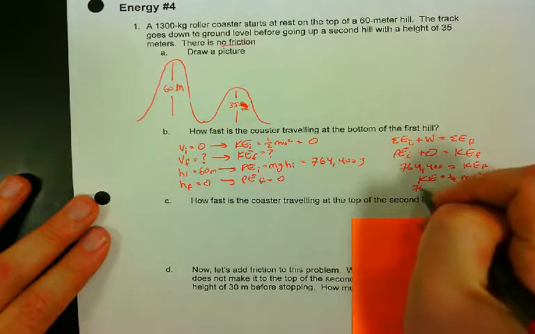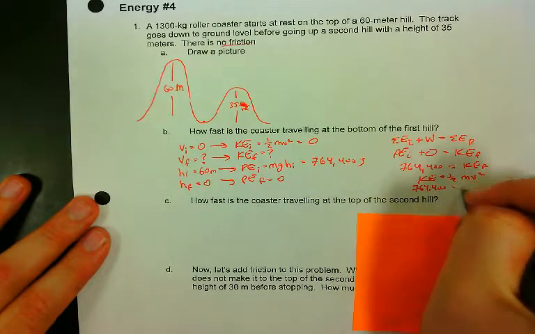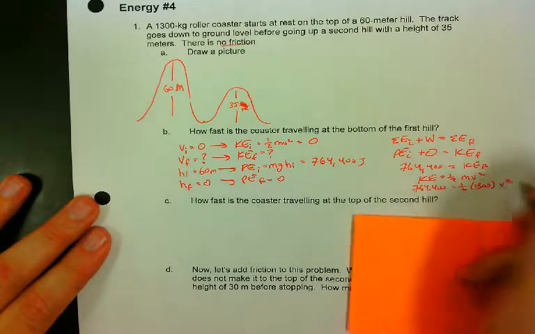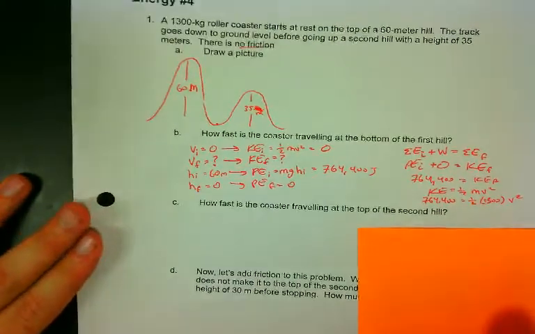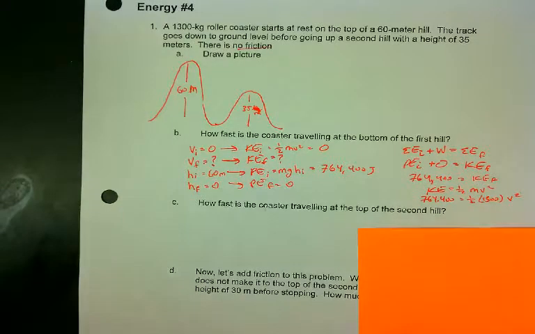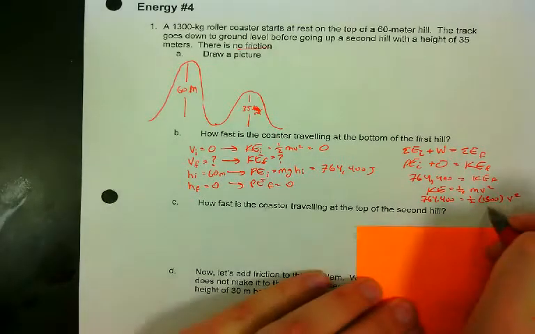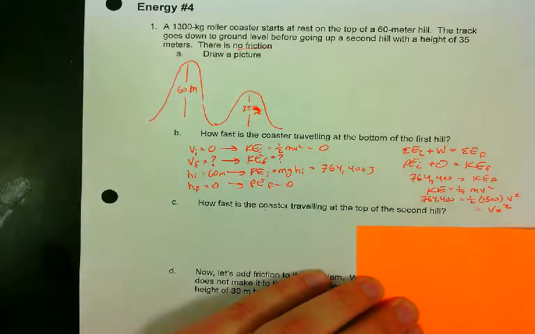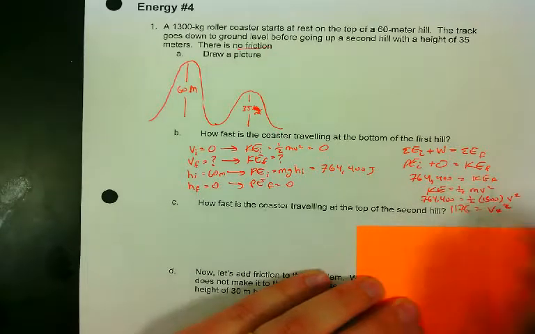And then I've got 764,400 equals 1/2 times 1300 v squared. So I think if I divide by my 1/2 and then divide by my 1300, I've got v squared equal to 1176.